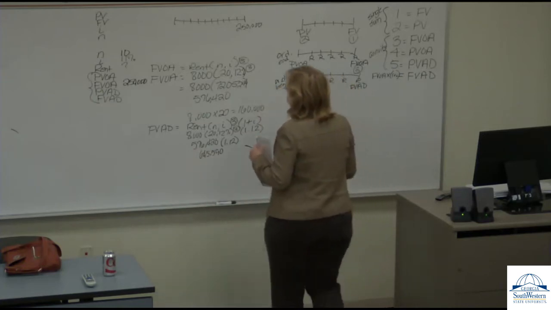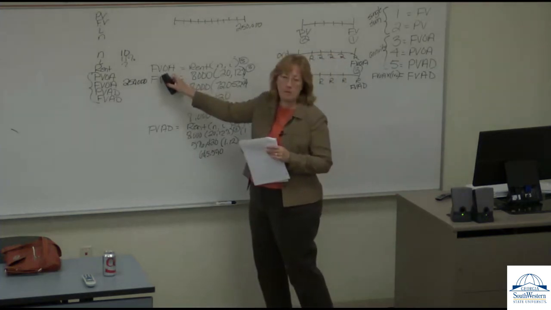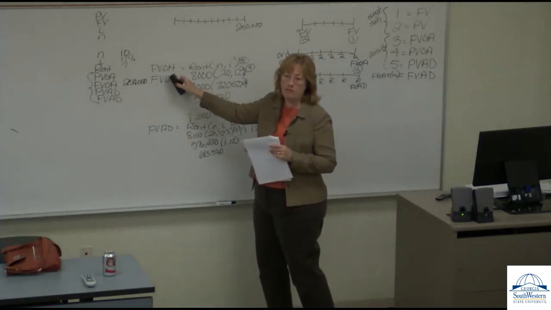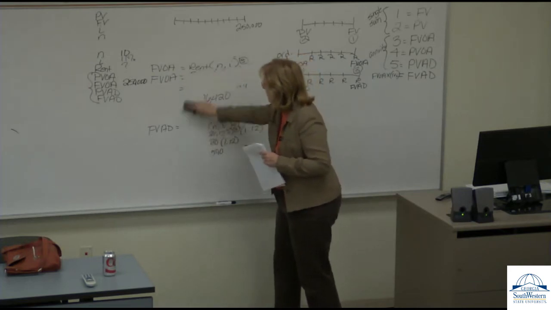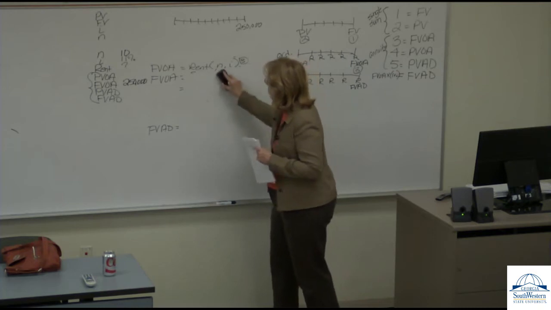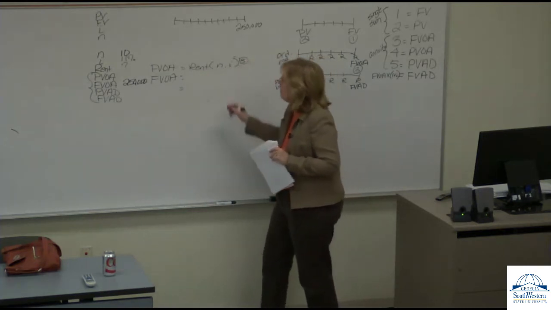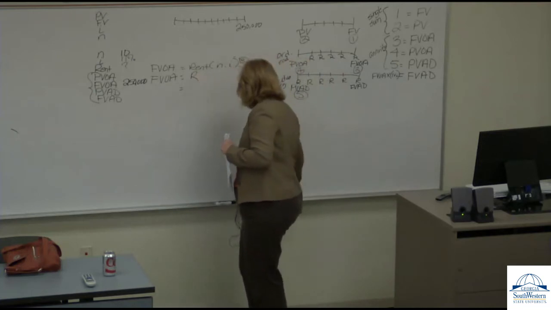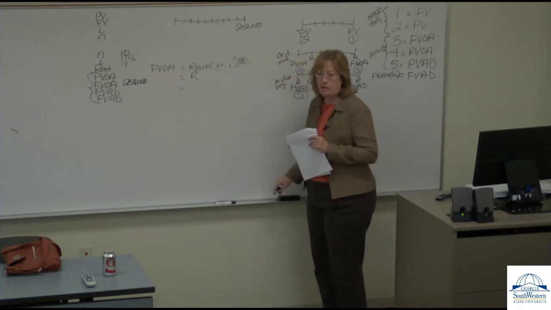Okay, so how do we set this up? This is the same kind of problem, future value of ordinary annuity, right? So I'm just going to get rid of all this, and we can plug it in just like that, right? So what we're looking for is our R, right?